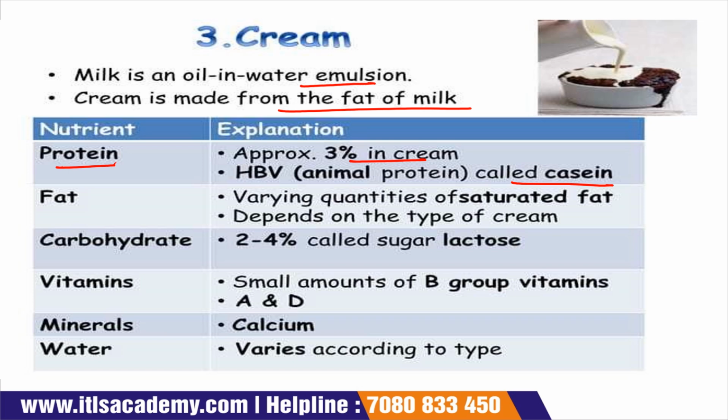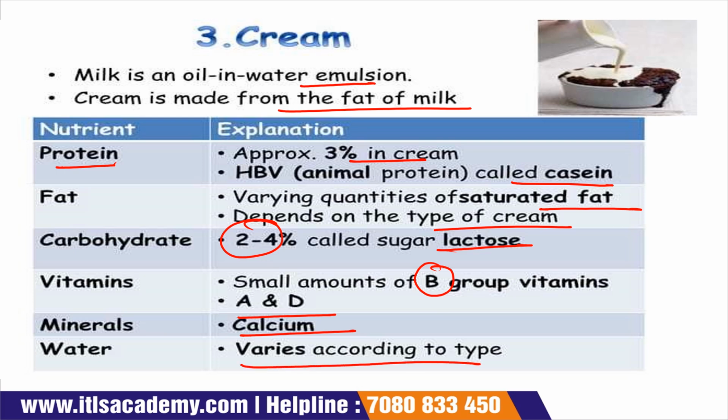Fat, it has a varying quantity of saturated fat. It totally depends upon the type of the cream. Carbohydrate, around 2 to 4% lactose is present. And if we talk about vitamins, then it will contain a small amount of vitamin B group and vitamins A and D. If we talk about the minerals, then it will contain calcium and water. It totally varies according to the type.